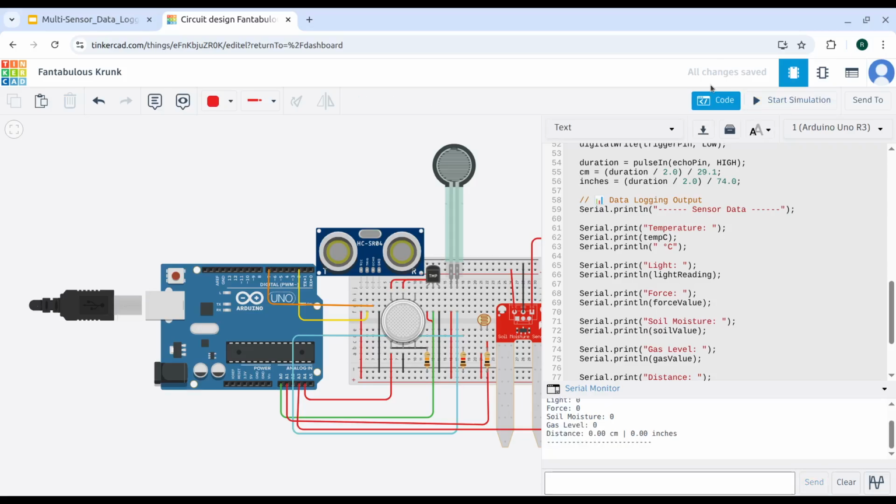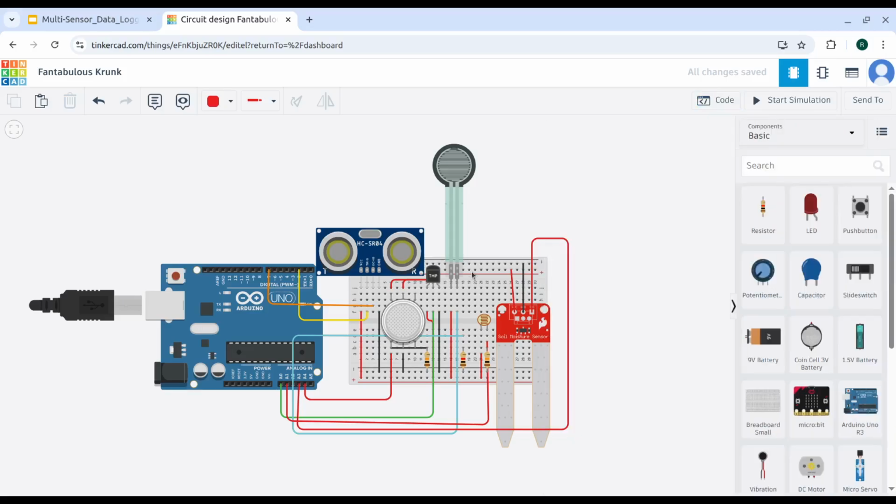Oh, we forgot to connect the ground pin and supply, right? So this is positive rail and this is negative rail. We need to connect this to ground. So here we having ground.